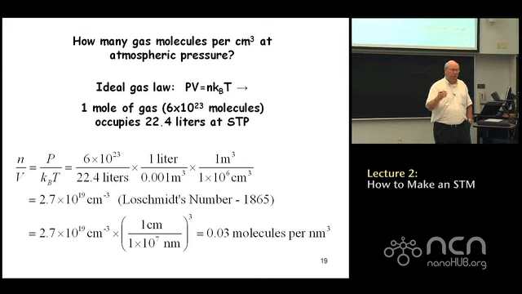So over a long period of time, atoms will work their way in and cause noise in the tunnel current. There'll be scattering events. But usually the electrons tunnel from the tip to the substrate very quickly. And in the time it takes them to tunnel, there are just no gas atoms in that tiny volume. So that's a simple explanation that may help you understand why STMs do work in air, right?